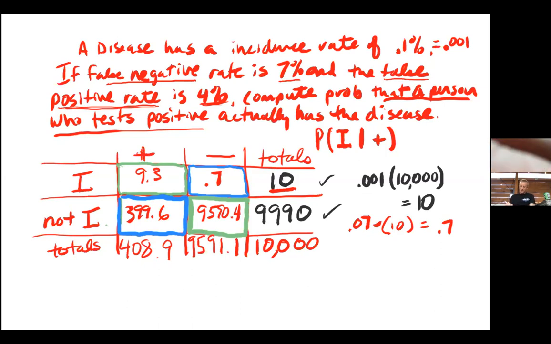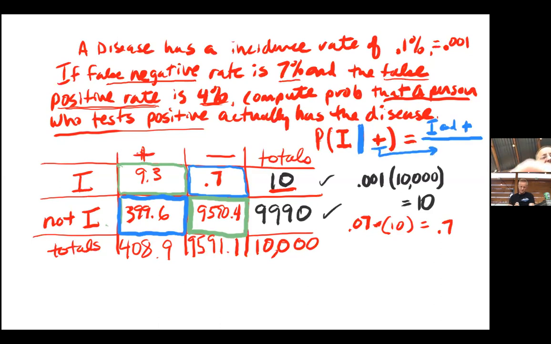So then what do we need for this conditional probability? So the given part of this, right, which is this up and down line. This up and down line reads given. What I want to do to find this is to find the box that is both I and positive, and then whatever your condition is, that's the number that goes down here.